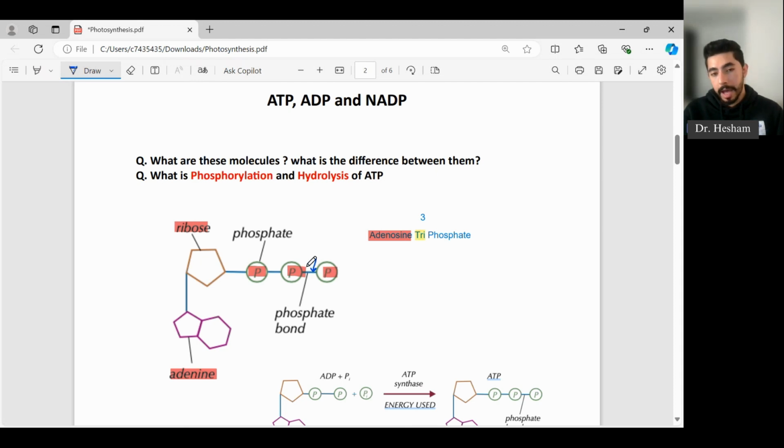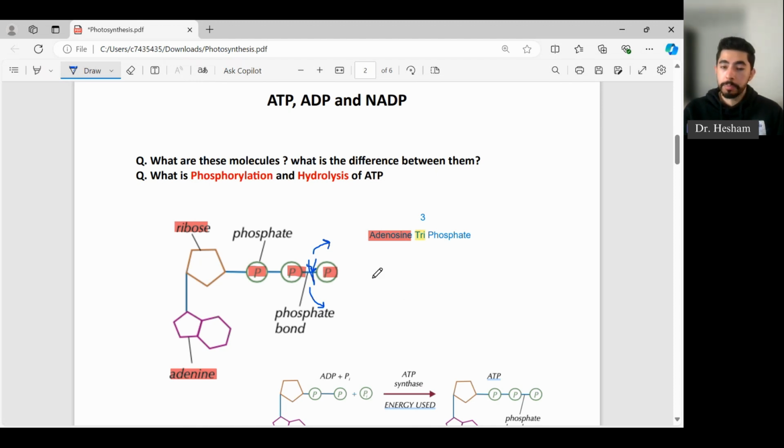So when you break down this bond, and you leave the molecule with only 2 phosphates, and you set the third phosphate free, energy is released. It's like an exothermic reaction in chemistry. When you break down something, energy is released. So this bond contains energy. This is what carries all the energy.